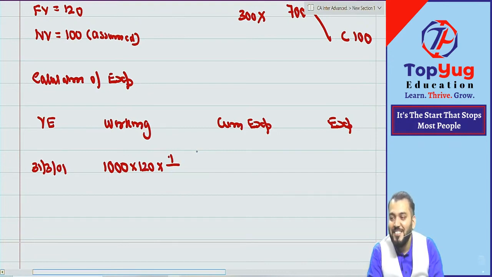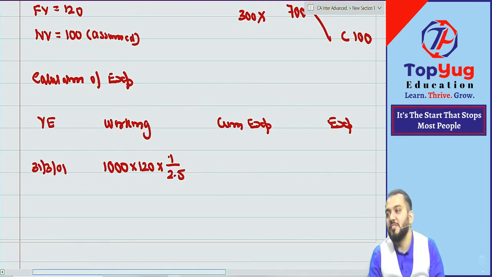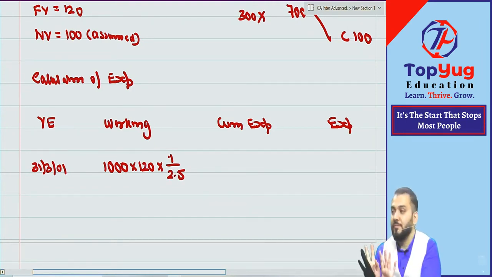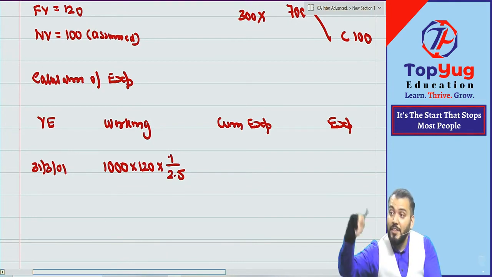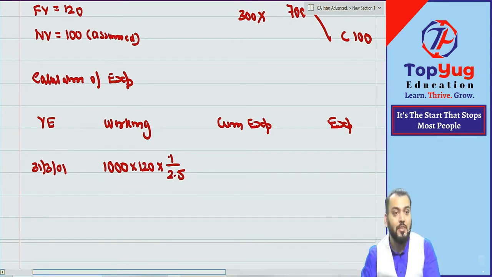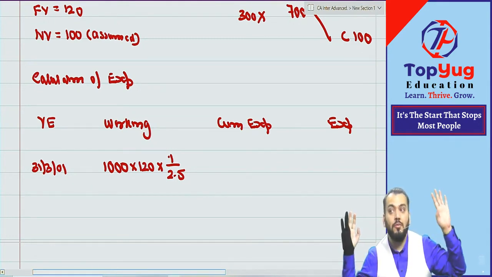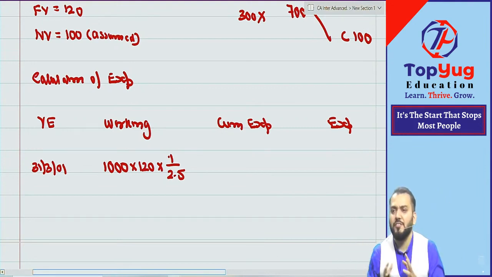Ah, caught the thief. I was saying the one mistake you can do, and this is the mistake. Why does this mistake happen? There are high chances. Right now you have done it correctly, but for the same question in the exam, there is a higher probability that you can make this mistake. Why? Because in the exam there is a lot of pressure.